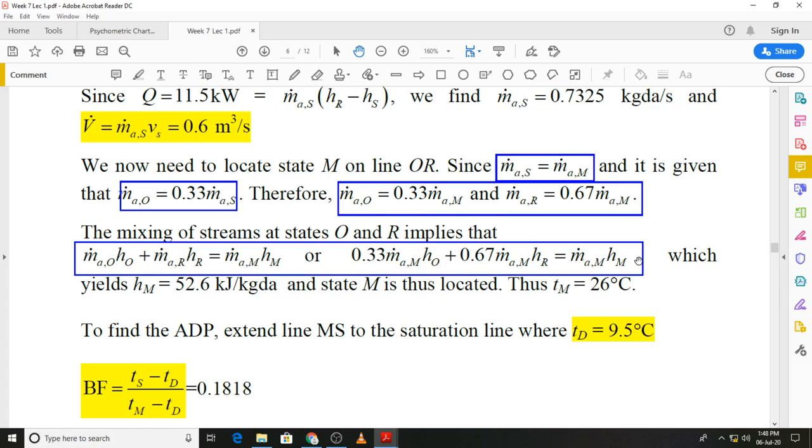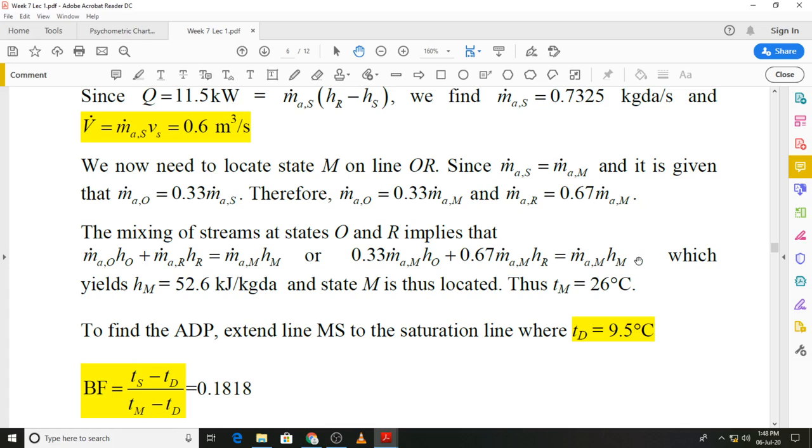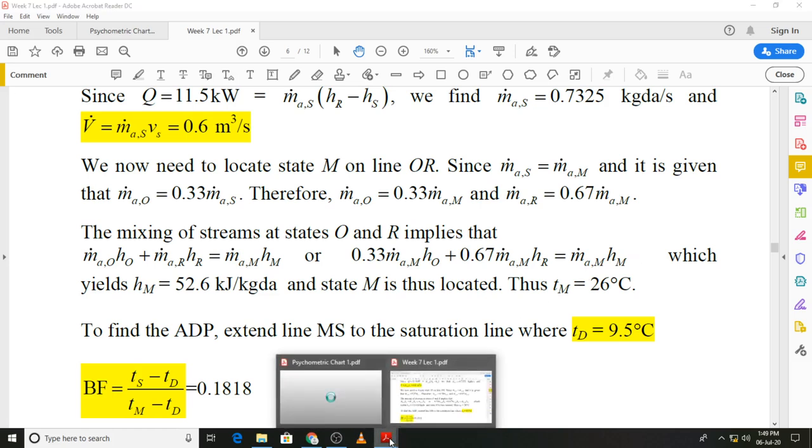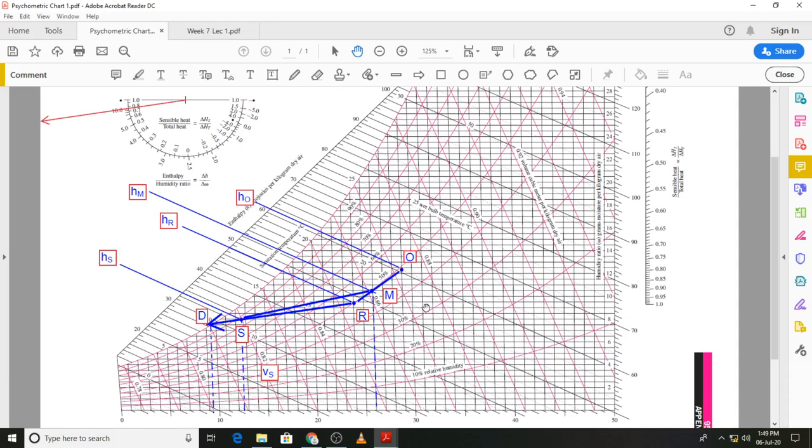Once we have got the value for hm, then we can use that value to locate state m on the line OR, and after locating state m, we can find out the dry bulb temperature at state m, which comes out to be 26 degrees. And let's see how we have done that.